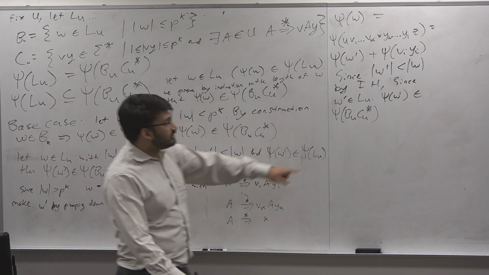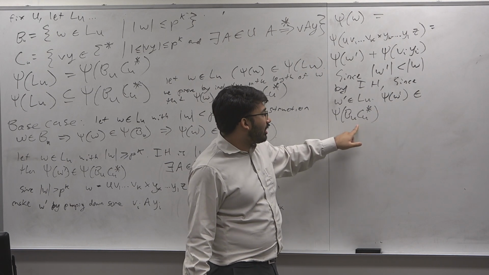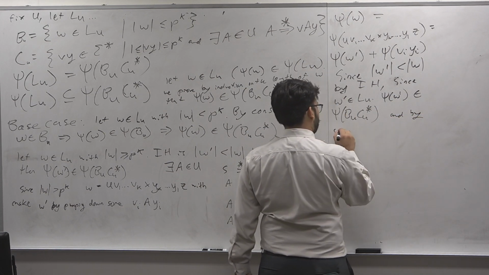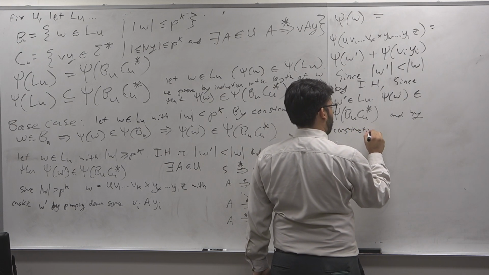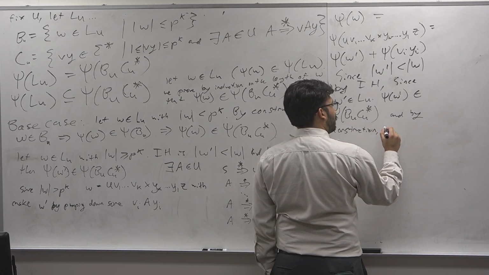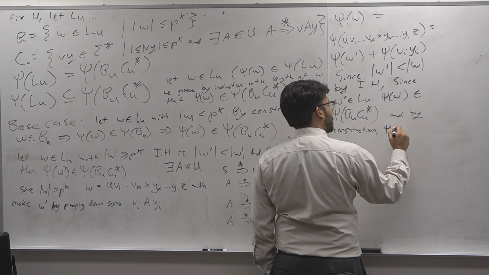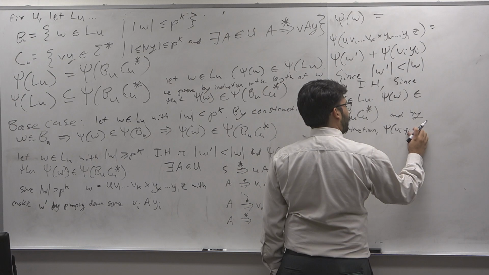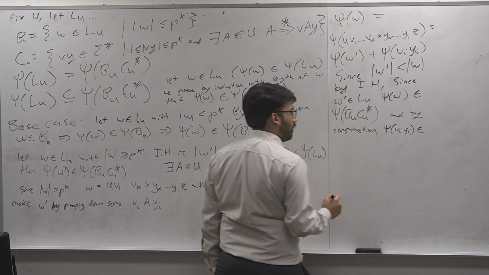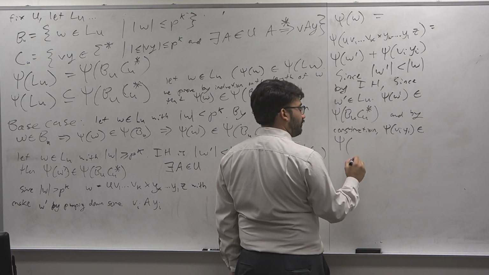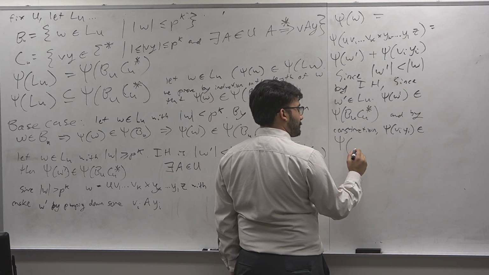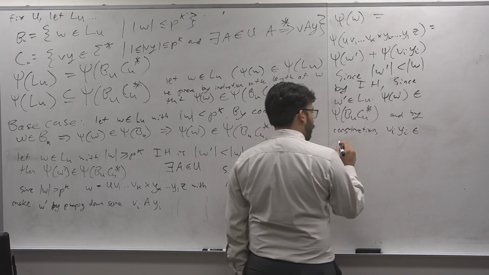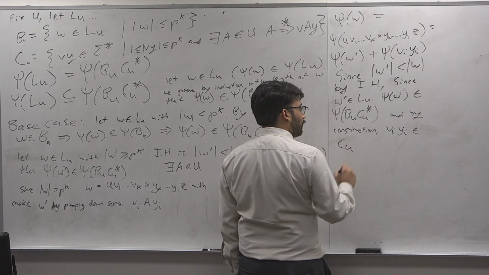So we know that the frequency of W prime is in BU, CU star, and by construction, we can say that VI, YI itself is an element of CU.